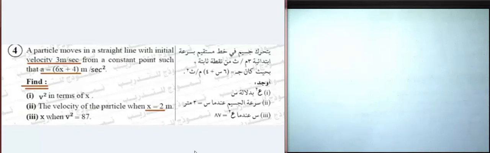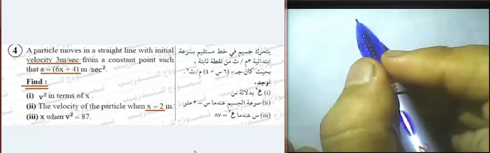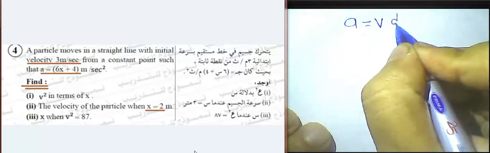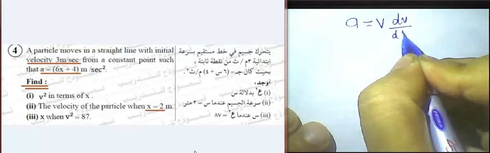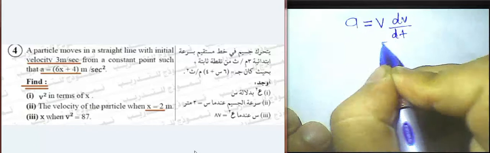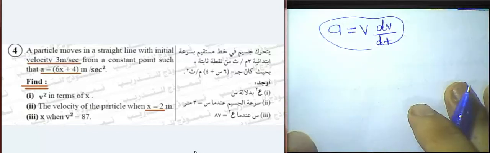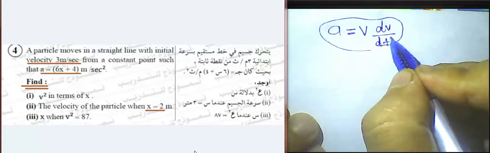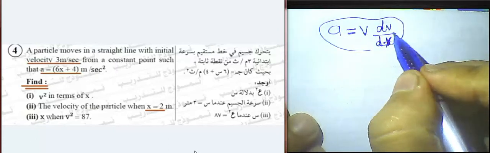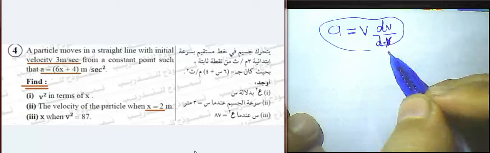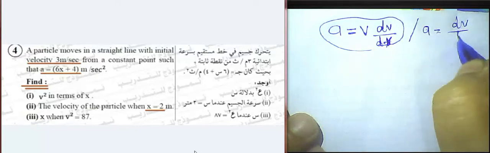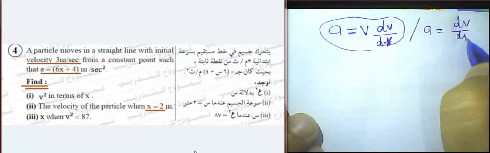Look at here, acceleration equals 6x plus 4, so we must know the acceleration will be equal v multiplied by derivative of v over dx. We know acceleration equal dv over dt, first derivative of velocity with respect to t.